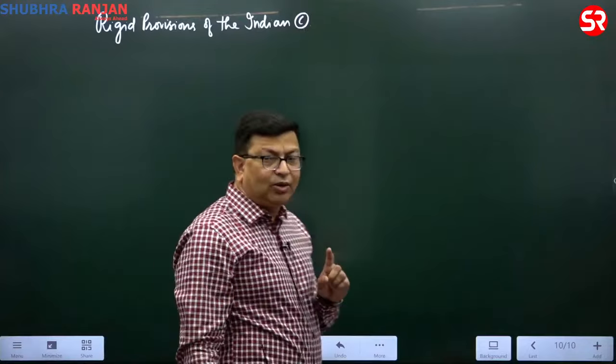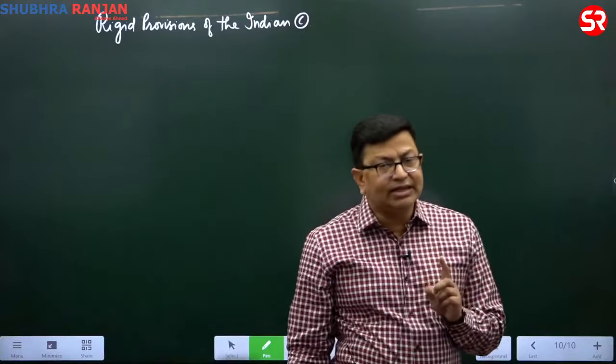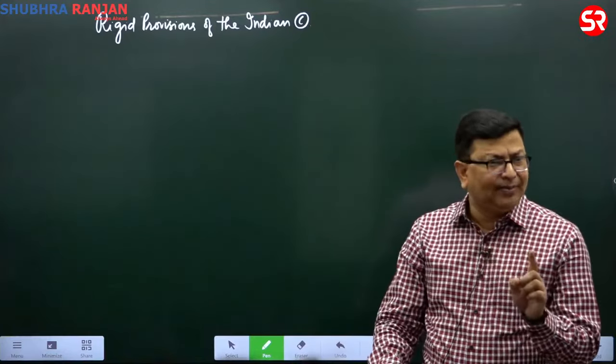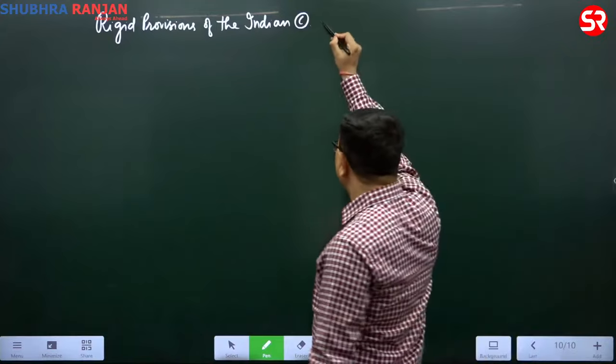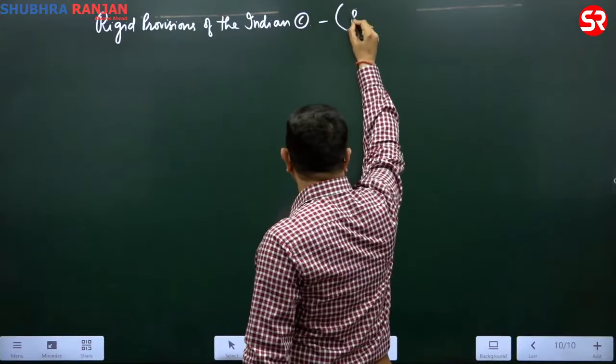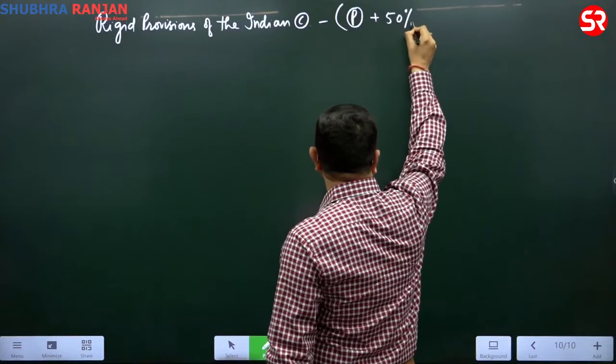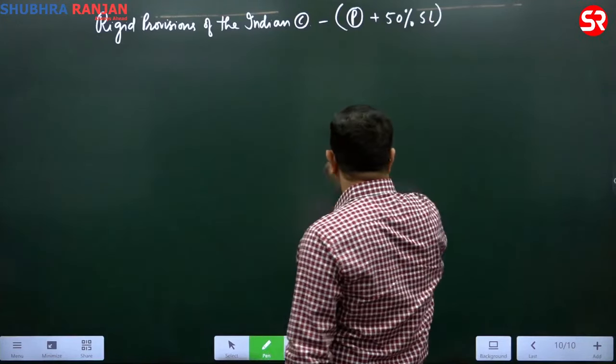Now here we are going to discuss the provisions which, after being amended by the Parliament, have to be ratified by 50% of the state legislatures.